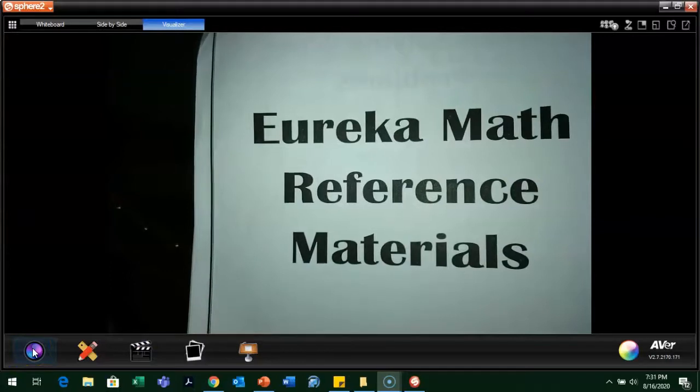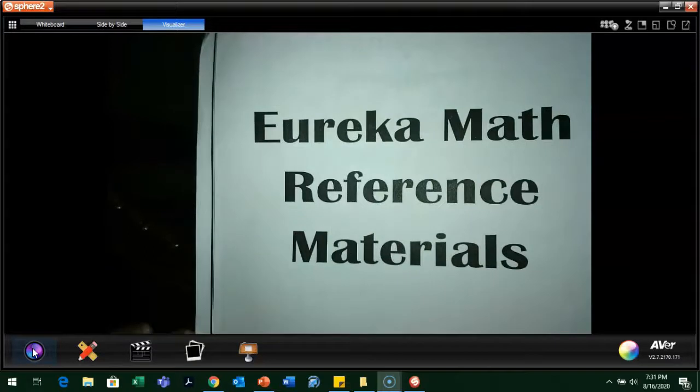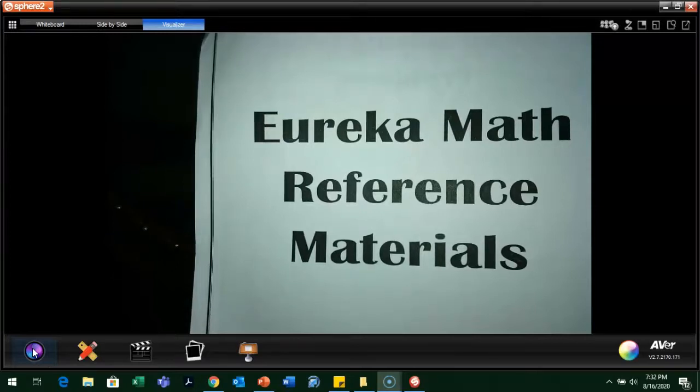I'm going to give you 10 seconds to get the Eureka reference material packet. 10, 9, 8, 7, 6, 5, 4, 3, 2, 1, and 0. You should be sitting tall. Great job. I see some students sitting tall.